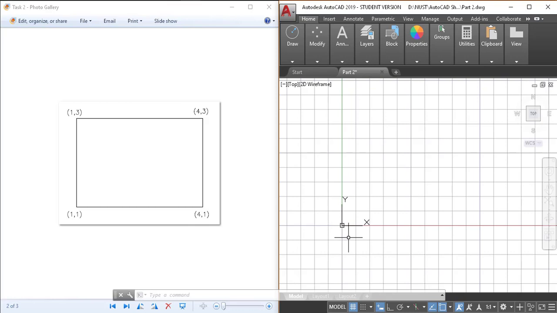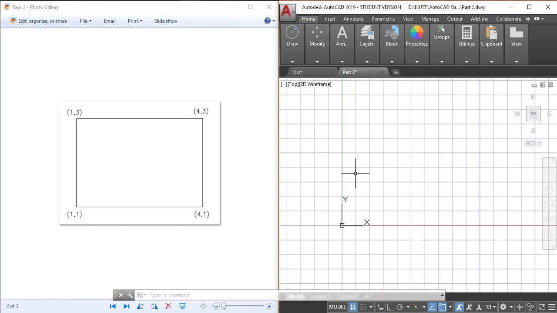Whereas in relative coordinate system, the point or coordinates we give is always with reference to the previous point or previous line. Okay, so in order to clarify this, first of all, we have to switch this dynamic input mode off. And now let's draw this rectangle.